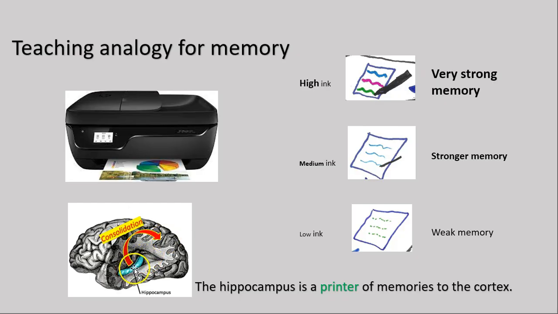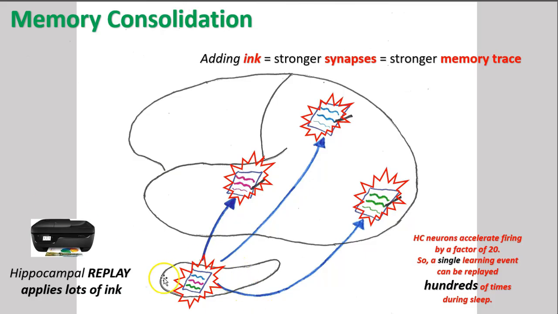The hippocampal memory traces are going to be reactivated to strengthen the cortical memory traces. That's memory consolidation, and we're using a printing analogy. So during hippocampal replay, then, it's like the brain is applying more ink to those cortical memory traces. In fact, the hippocampal neurons accelerate their firing by a factor of 20, so a single learning event can be replayed hundreds of times during sleep.